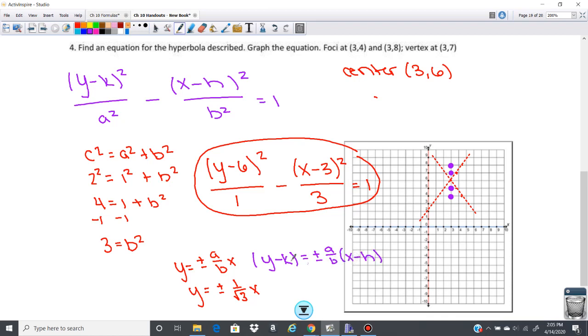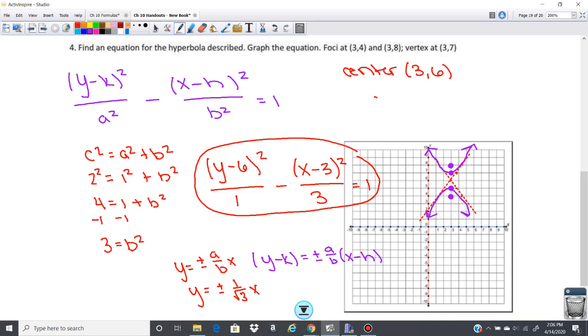But I just do it from the center instead of doing the whole equation. So this is fine if you're just graphing it. If you're asked for the equation of the asymptote, you would plug it into the equation. And then draw it.